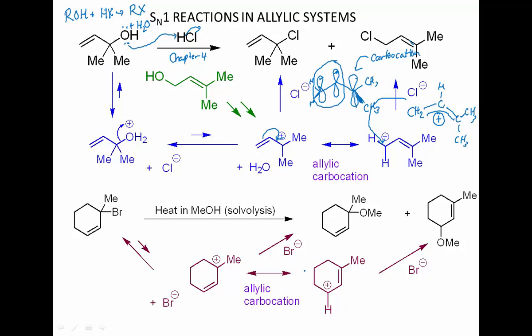Having the methanol attack here is eventually going to give us this product, and if methanol attacks here, we'll eventually get this product over on the right. And we get these two products after we lose the extra hydrogen from what was originally methanol.